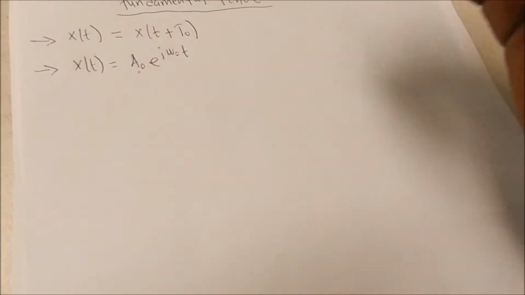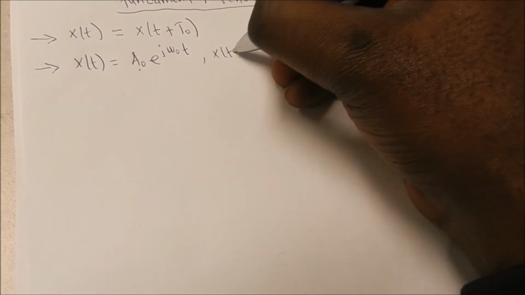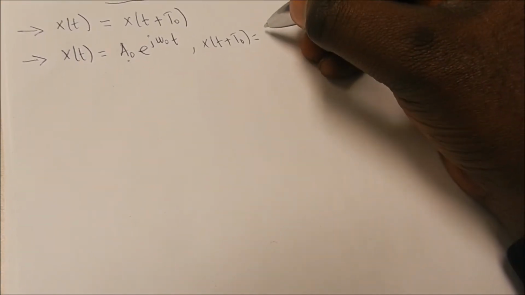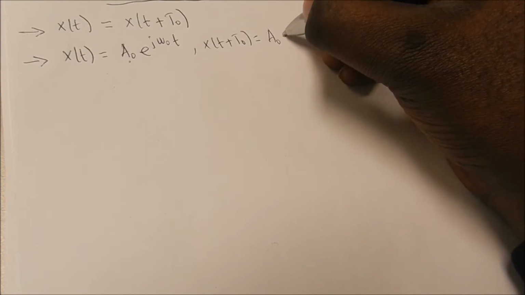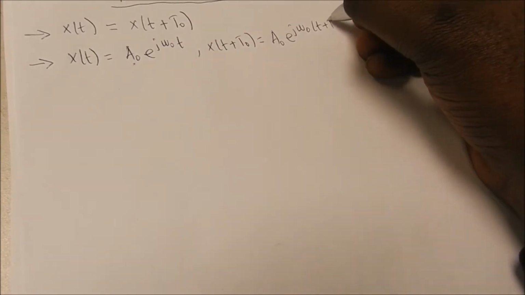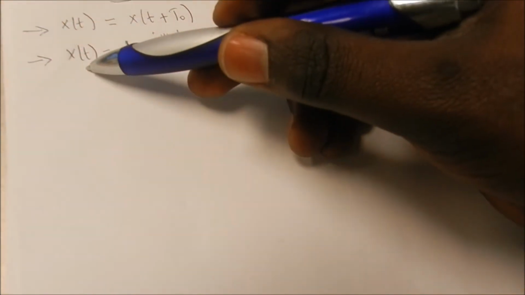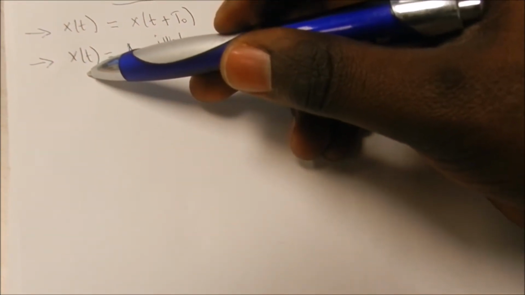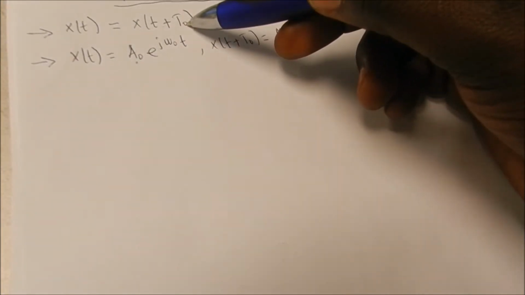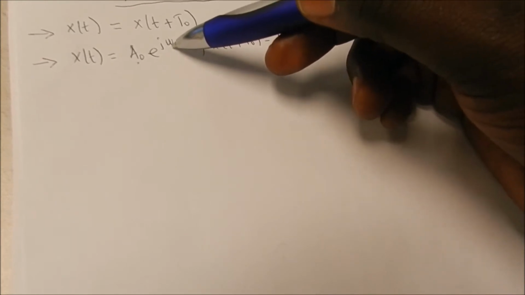And x of t plus t naught is equal to a naught e to the j omega naught times t plus t naught, because if x of t is a periodic signal, then both x of t and x of t plus t naught share the same radian frequency, omega naught.